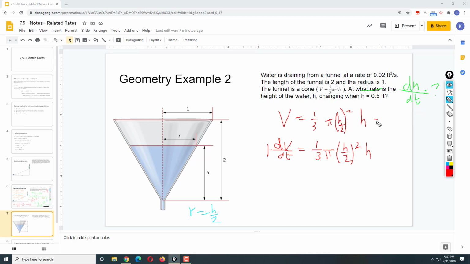That's equal to 1/3 pi times 1/4, from the 1/2 squared, times h cubed. When we take the derivative, 1/3 is still there, pi is still there, and there's another 1/4 term.